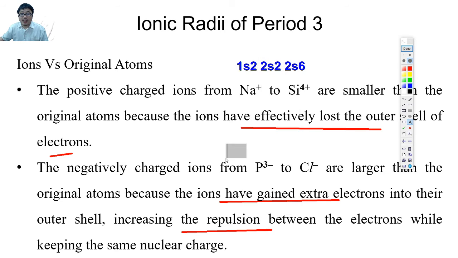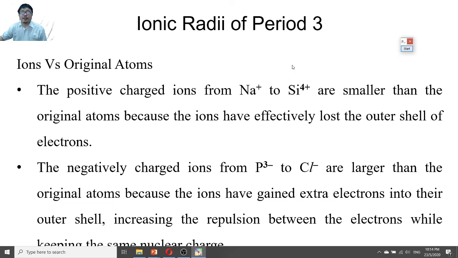P3 minus is 1s2, 2s2, 2p6, 3s2, 3p6. One more shell, full shell, bigger. And that is why anions are always bigger than their cations. Anions are bigger than the original atoms. Cations are smaller than the original atoms.